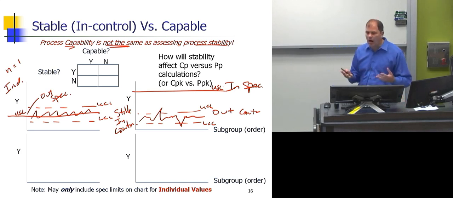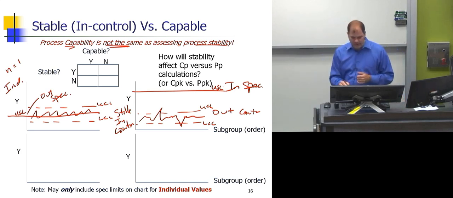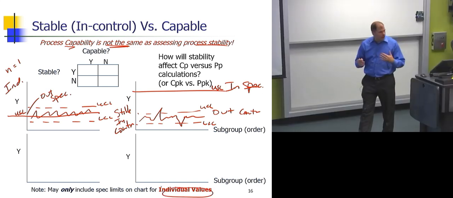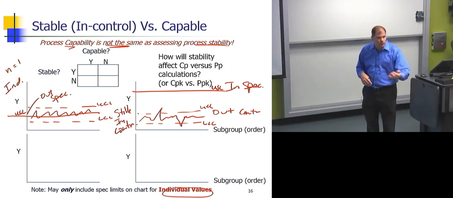In fact, I can be all 4 of these. Again, I'm using individual values, not means. But I can be all 4 of these. I can be out of control and out of specification. I can be in control and in specification. Right? All 4 of these are a possibility.